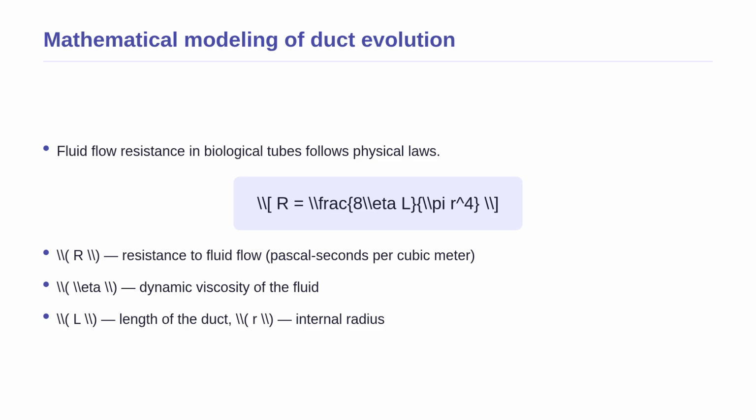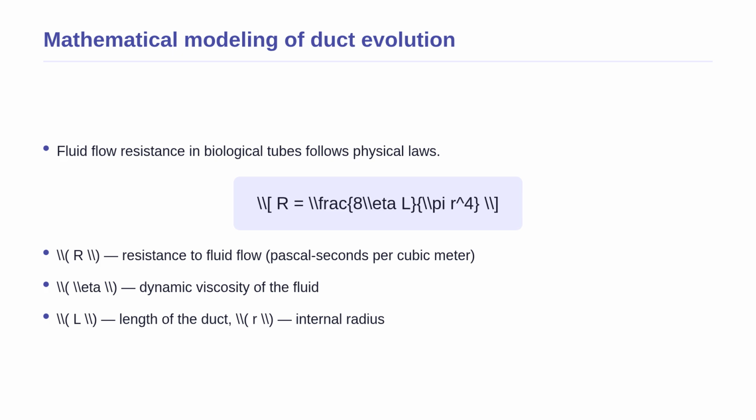Having established the biological importance, we must now look at the physics governing these changes. To truly understand why evolution favored certain duct sizes, we use Poiseuille's law. This formula calculates the resistance fluid faces when traveling through a biological tube. In this equation, R represents the resistance to fluid flow.